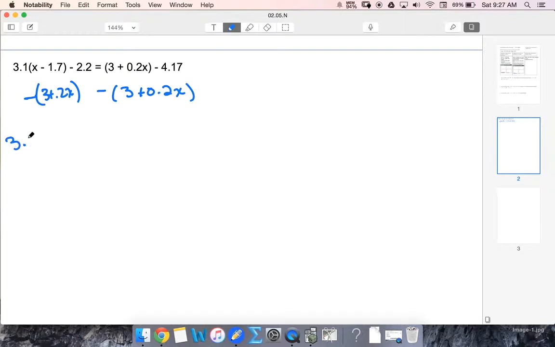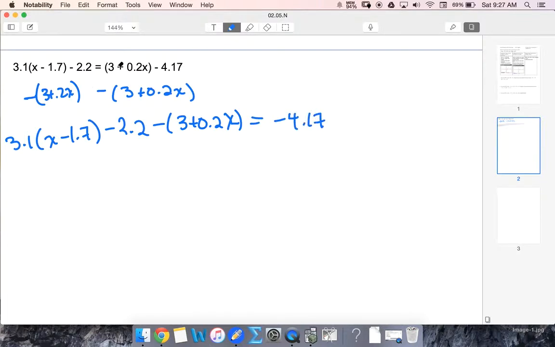So I've got 3.1 times x minus 1.7 minus 2.2 minus 3 plus 0.2x equals negative 4.17, because this subtracted and made 0. I'm going to add 4.17 to the other side.